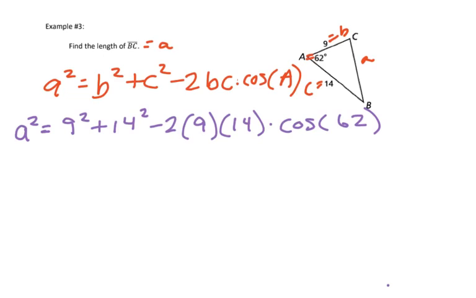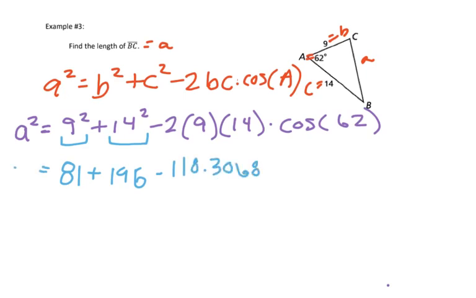So that means if I simplify this, I can do 9 squared, which is 81, 14 squared, which is 196, I'll double check that. Yep, and then minus 2 times 9 times 14 times cosine in degree mode of 62. So minus 118.3068. And all of that equals a squared.